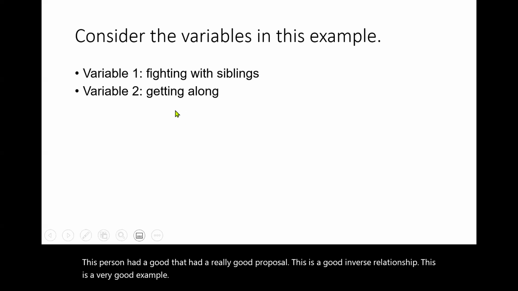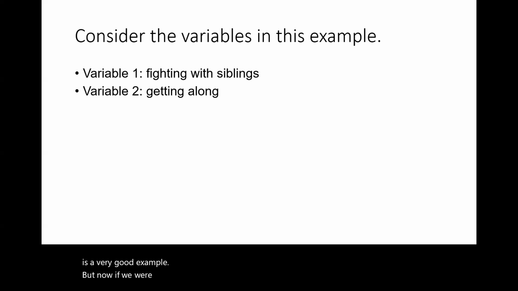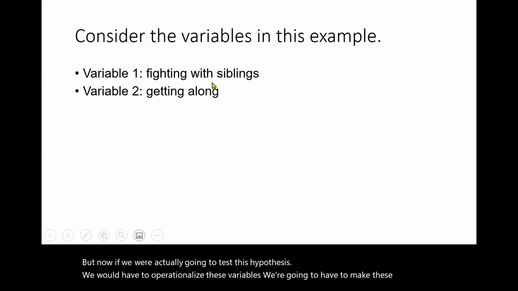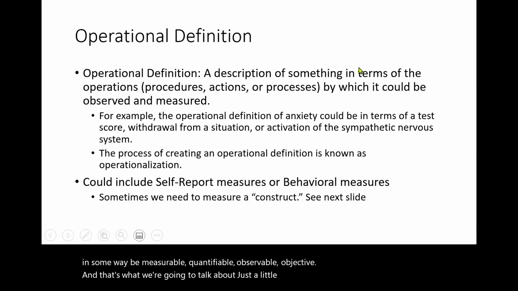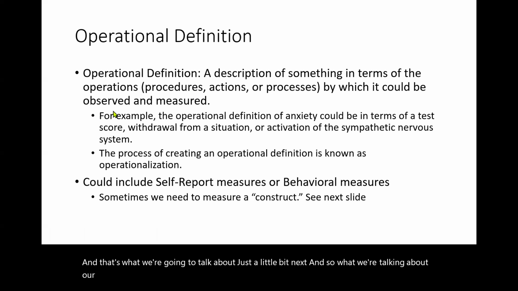But now if we were actually going to test this hypothesis, we would have to operationalize these variables. We're going to have to make these variables in some way be measurable, quantifiable, observable, objective. And that's what we're going to talk about just a little bit next. And so what we're talking about are operational definitions.